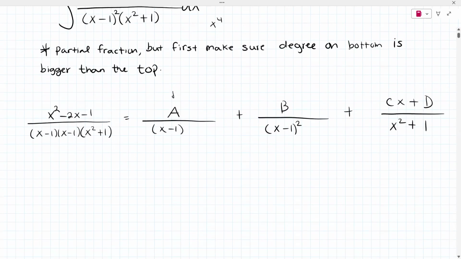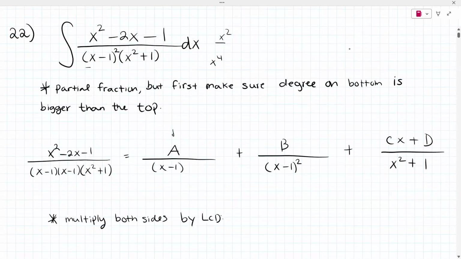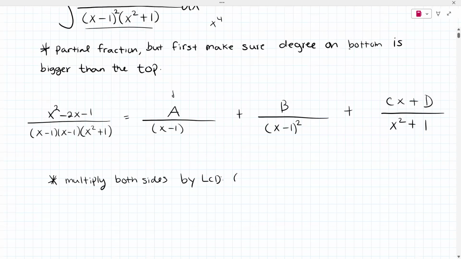Okay, then what we're going to do is get rid of the fractions by multiplying both sides by the LCD. So if you recall, our LCD is basically this. It's going to be (x minus 1) squared times (x squared plus 1).